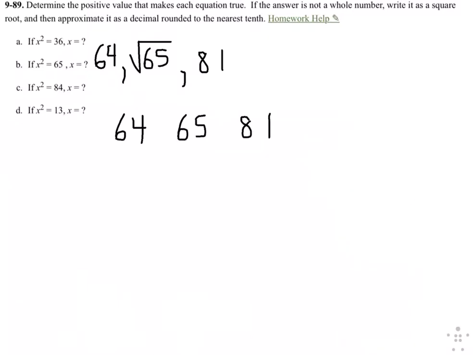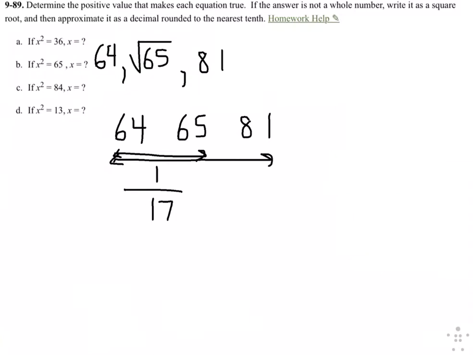And then we find the difference between 64 and 65, which is 1, and then we put that over the difference between 64 and 81. 81 minus 64 is 17, right? So we get that it's 1/17 of the way through there.